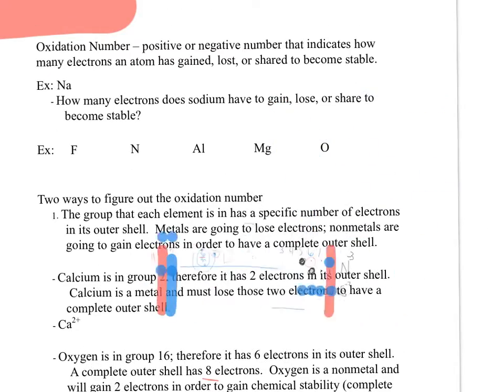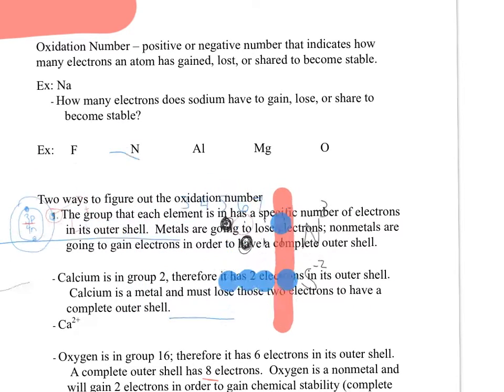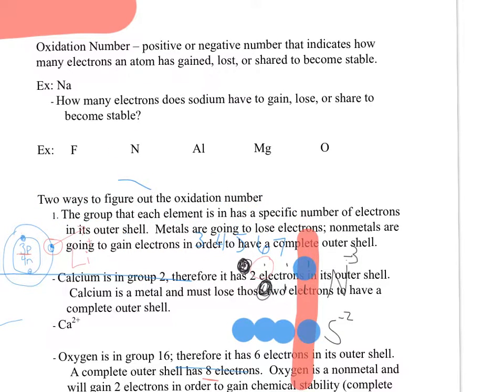So let's go back up here and figure out some of these. If I have fluorine, I know some of you guys are doing it, might as well join in. Fluorine is here, it has 7, it's 1 space away from neon. So fluorine would be written as negative. You can just put a negative, you don't have to put a negative 1.